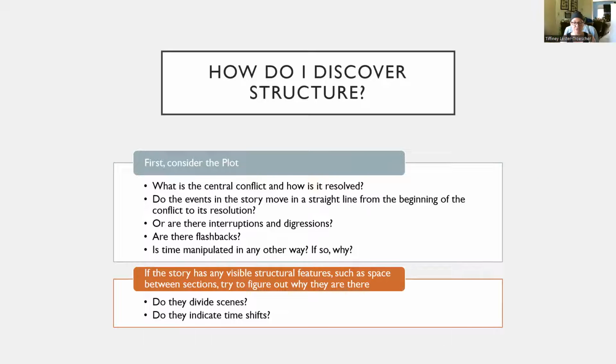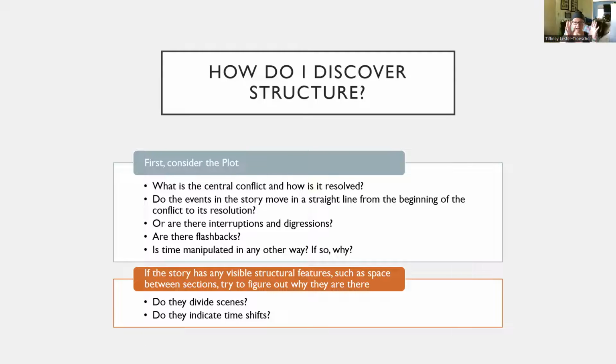right? Does the story have any visible structural features, such as space between sections? Or sometimes they'll even be numbered, right? It is more of a visual cue that we have separations in the story, right? What do those visuals represent? Is it a time shift?